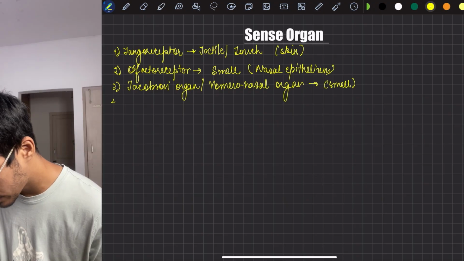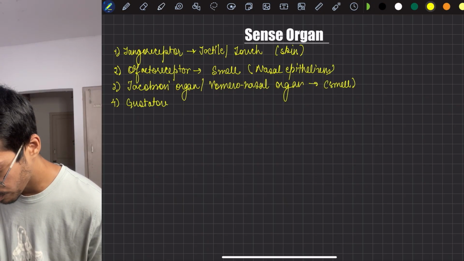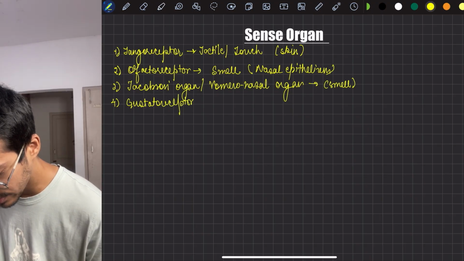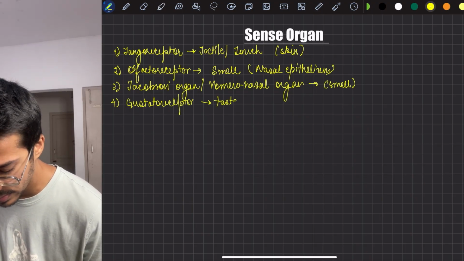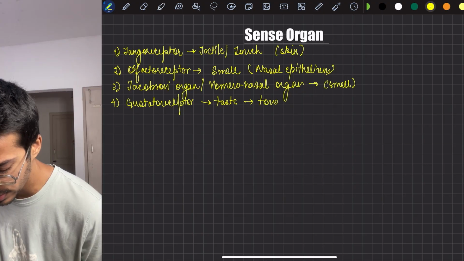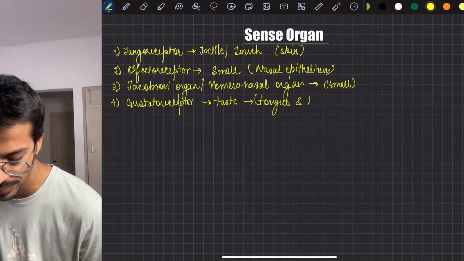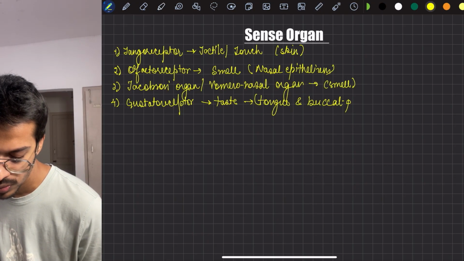Then the fourth one is the gustatory receptor, for taste. It is present on the tongue and the buccopharyngeal cavity.